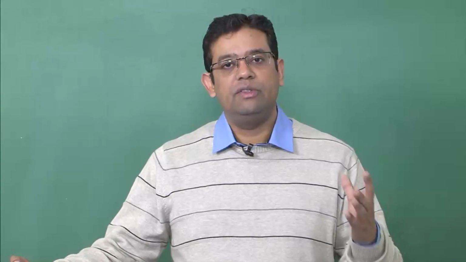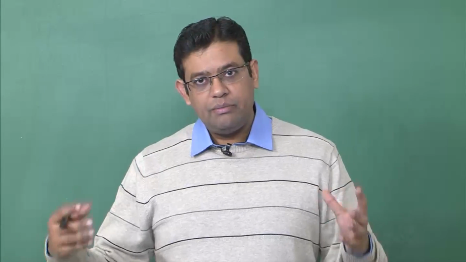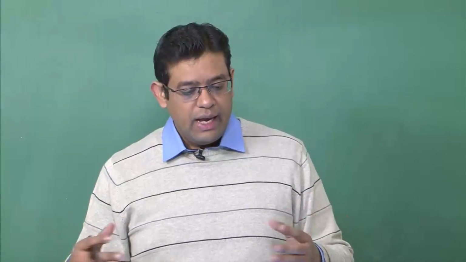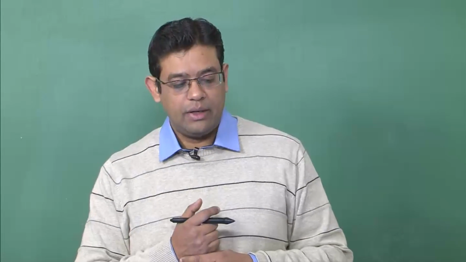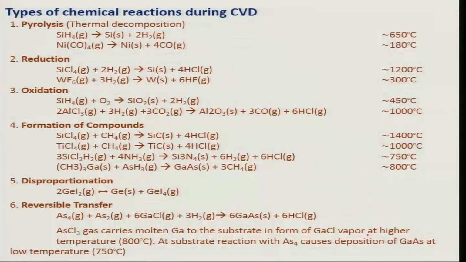Now, during chemical vapor deposition, remember most of this is in gas phase, and in gas phase there are various types of reactions which can happen, which are listed here. The gases may undergo thermal decomposition, which is called pyrolysis, such as silane gas at 650 degrees C. When it undergoes pyrolysis, it results in solid silicon, which is the thin film on the surface, and hydrogen gas, which goes off as a byproduct.